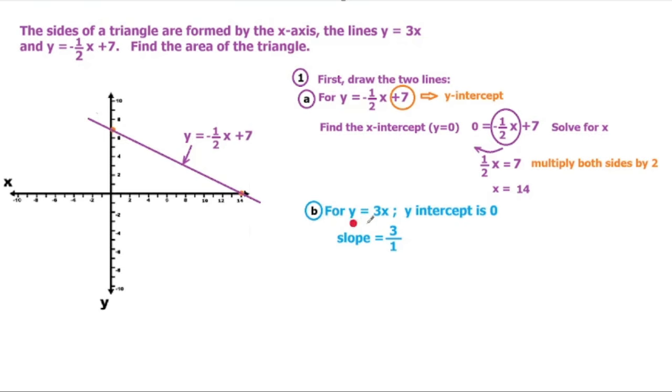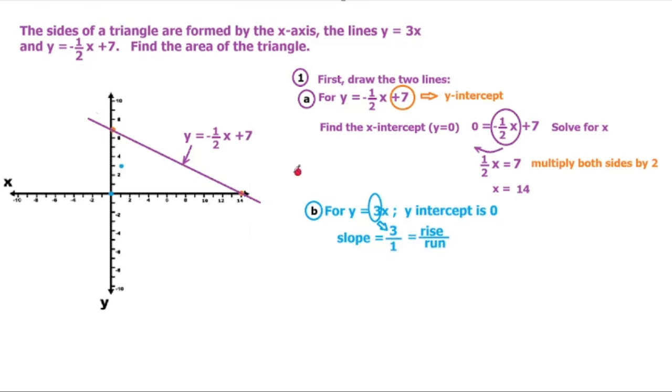Now for the line y equals 3x, there's no b here, so the y-intercept is 0. So similar to this, see, this is the y-intercept. We don't have that here. So the y-intercept is 0. The slope equals 3 over 1, which is the same as the rise over the run, okay?